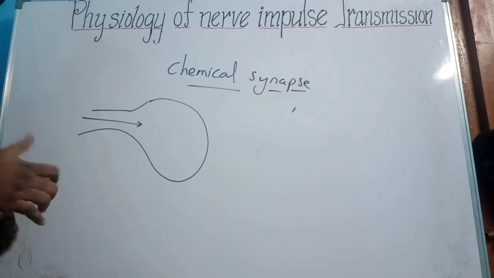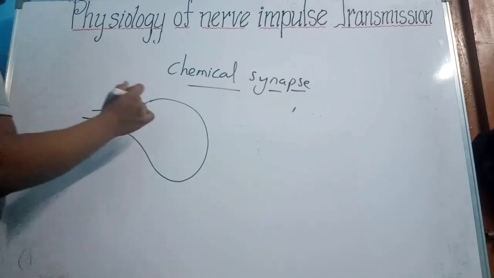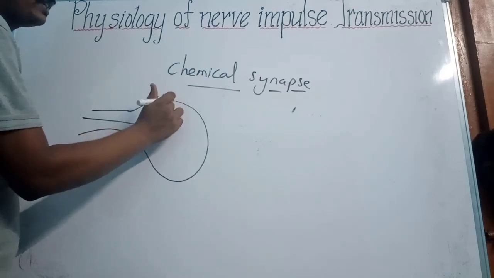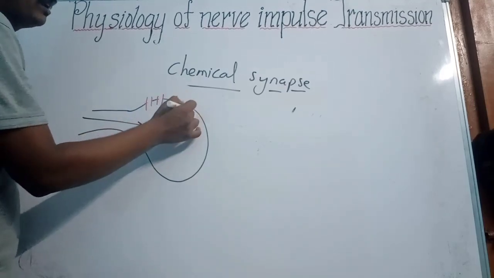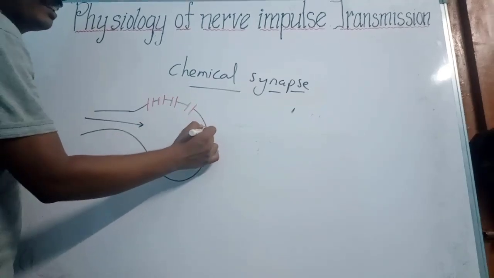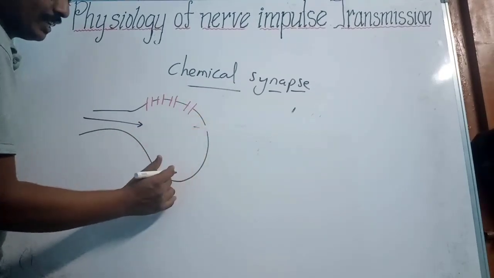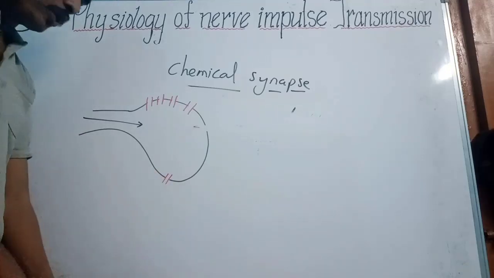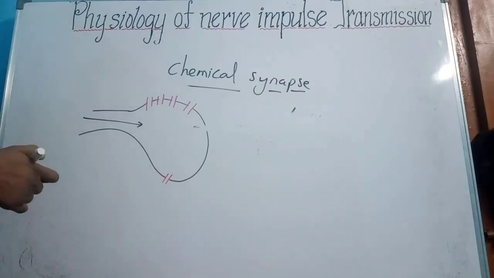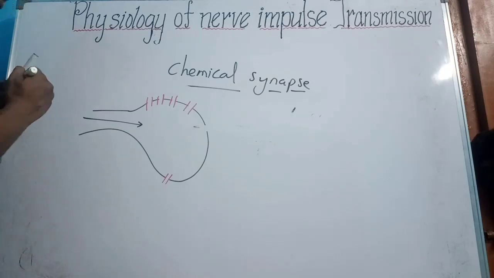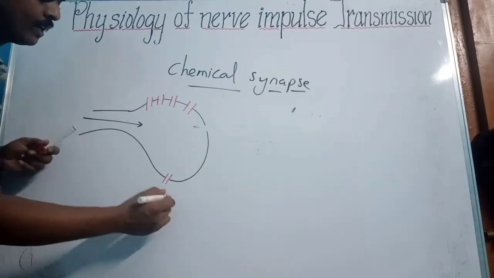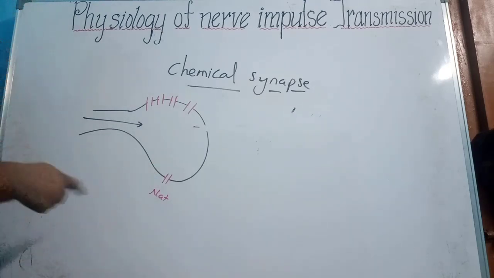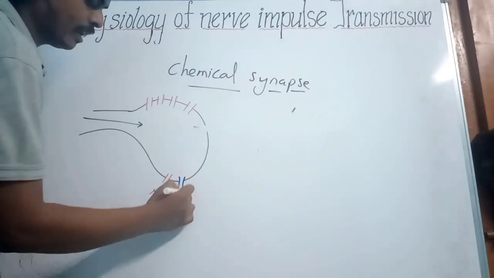Here we can see several voltage gated channels in the presynaptic membrane. Remember that here we not only see the sodium voltage gated channels, we also see the potassium gated channels.